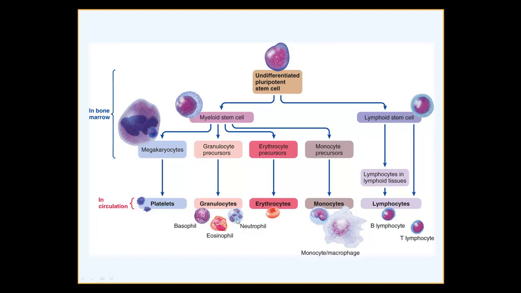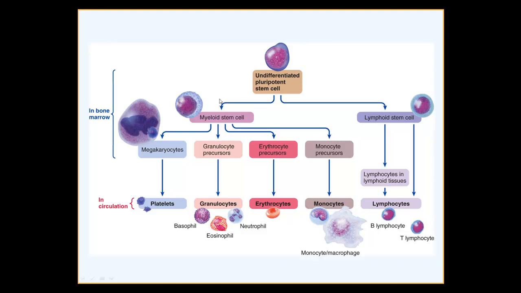Any cell that has granules in it, we call a granulocyte. Everything else is an agranulocyte. The monocyte is an agranulocyte, and the lymphocyte is, of course, an agranulocyte. So that's another kind of classification we can base our blood cells on.